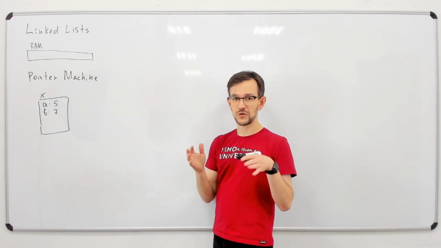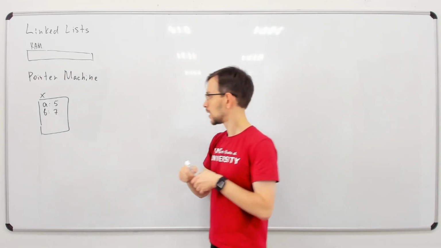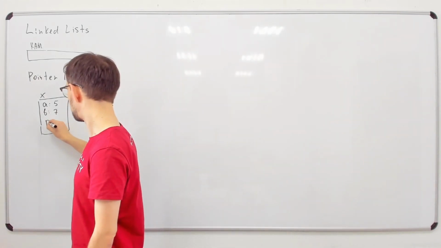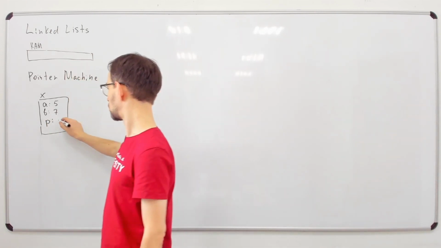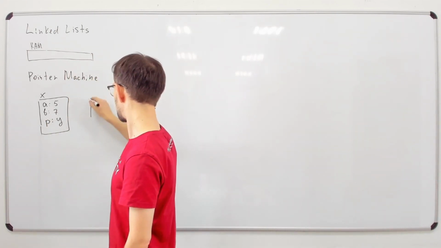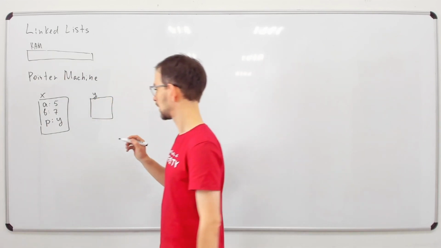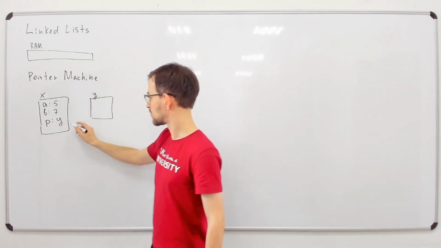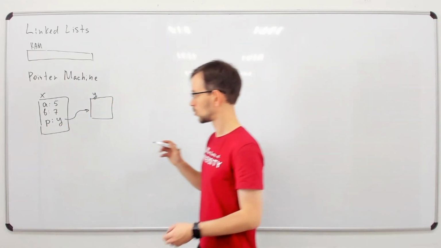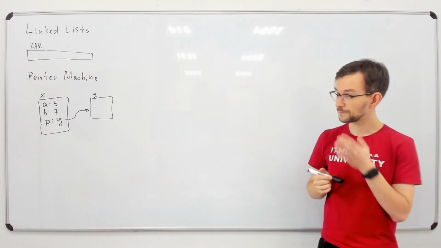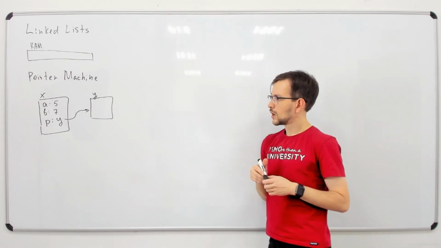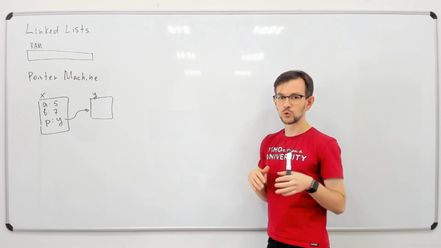And you may have some fields which point to another node. Let's say we have field P, which points to node Y. So we have another node Y, and this field is a pointer to this node Y. And you may have pointers to any node.